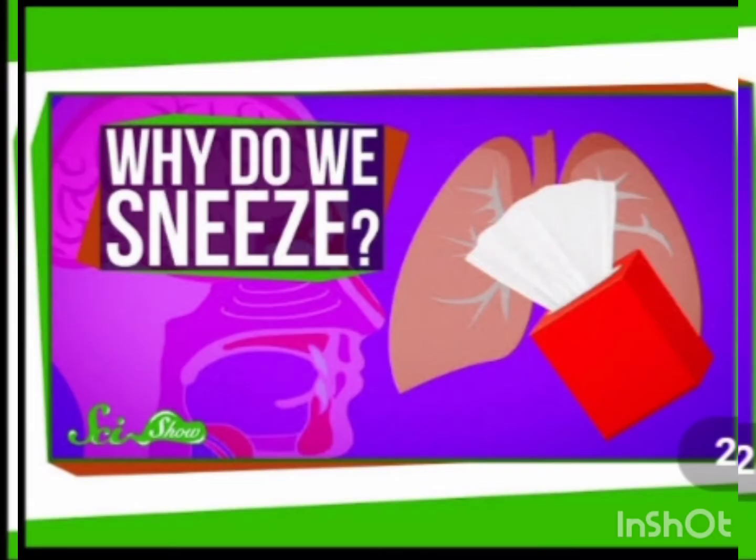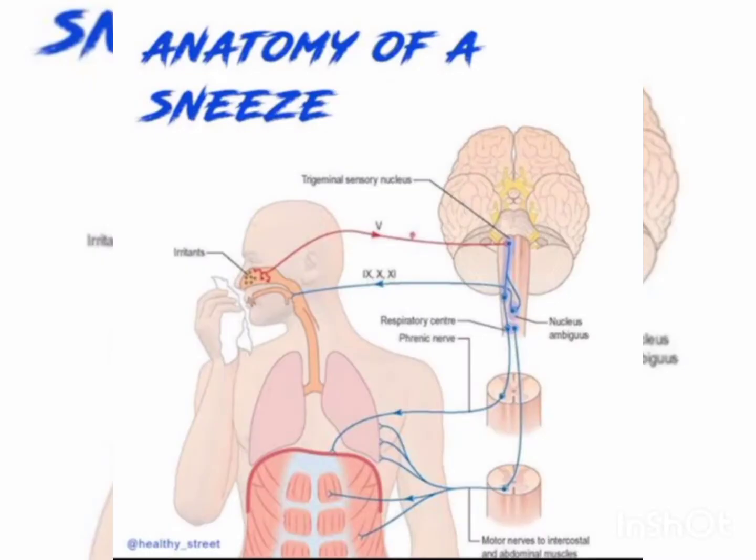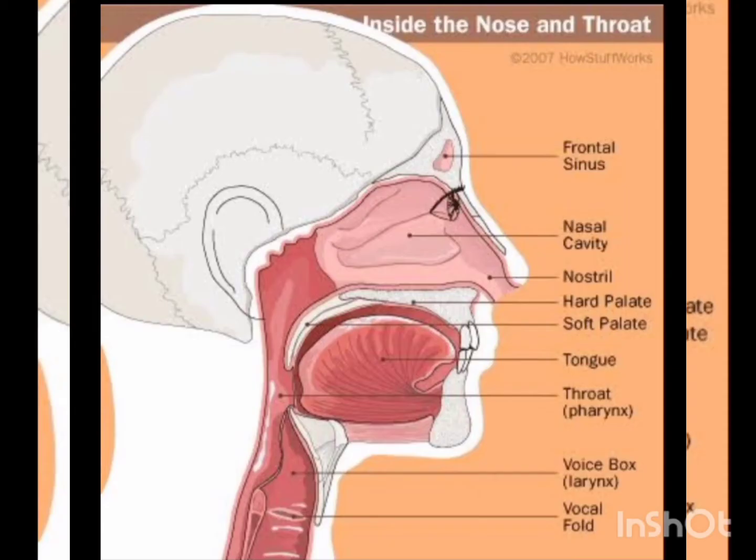Why do we sneeze? Let us look at it. The air around us has various types of unwanted particles such as smoke, dust, pollen, etc. When we inhale, the particles get trapped in the air present in our nasal cavity.